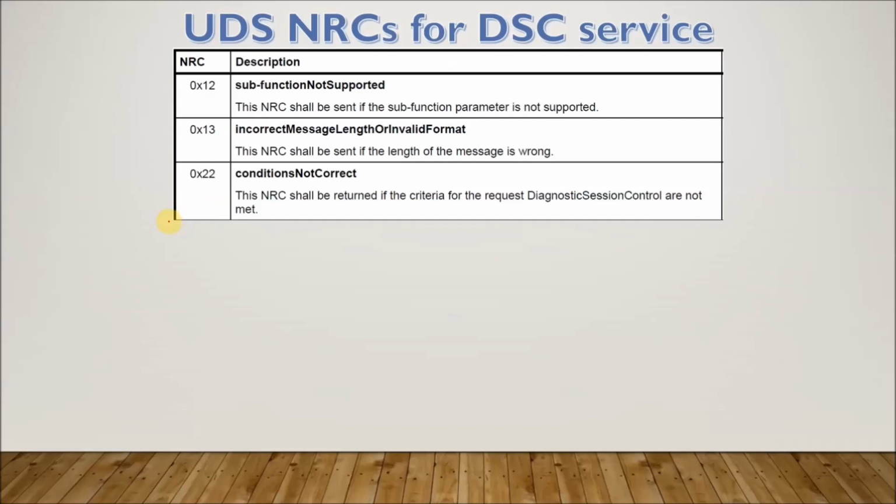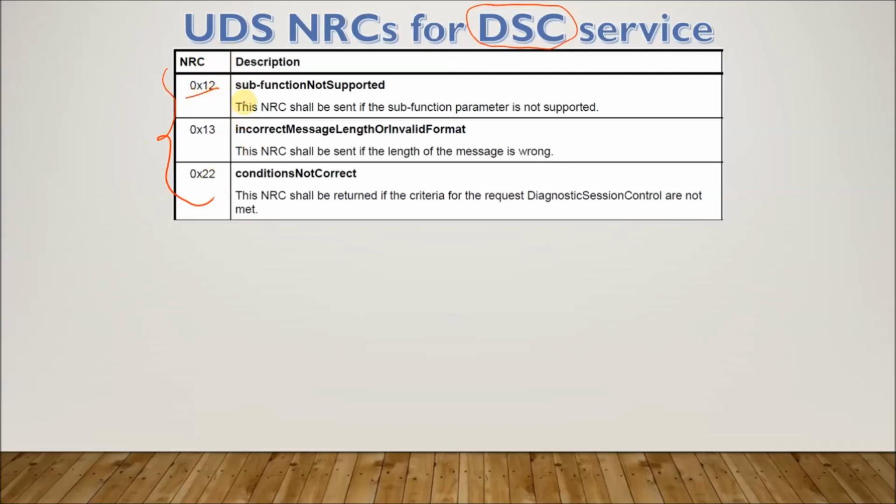UDS gives various NRCs for all the services, but only some NRCs are applicable for certain UDS services. So for the diagnostic session control service, mainly 3 NRCs are there.